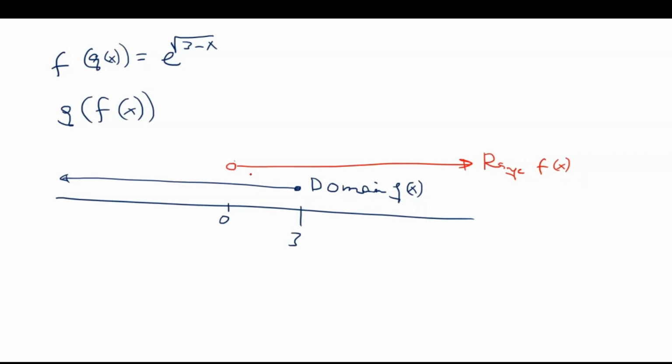So this does not exist because this is not a subset. We need to know that this has to be a subset. The range of the inside has to be a subset. So therefore, it does not exist. Yeah, it's not defined. It's only defined on this section, if you were to restrict it.